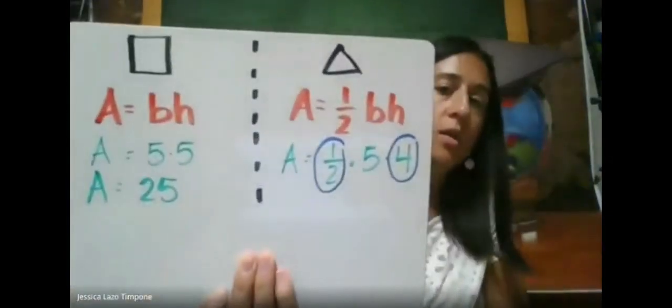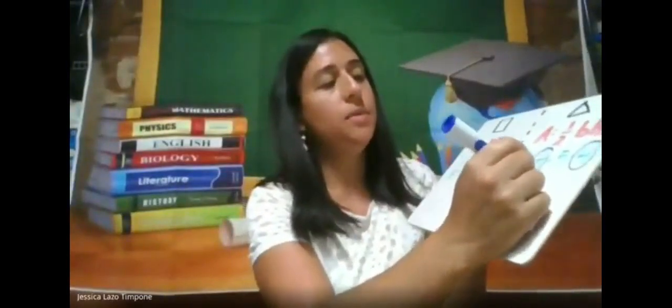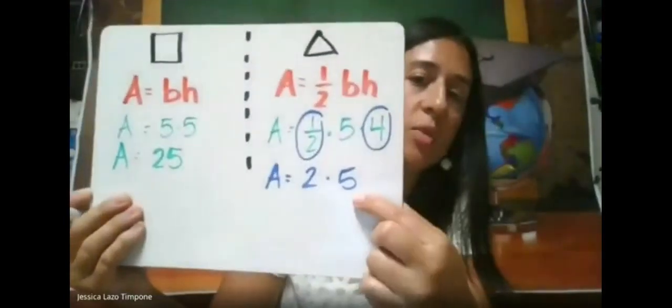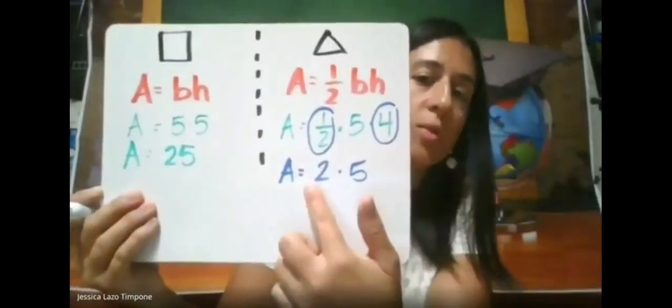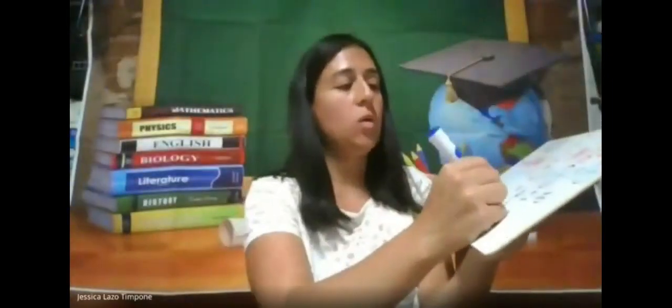So we're going to do half of 4, which is 2. So we're going to do 2 times 5, because we didn't use the 5 yet, so it just gets moved down, and half of 4 is 2. 2 times 5 is 10. So the area of one triangle is 10.